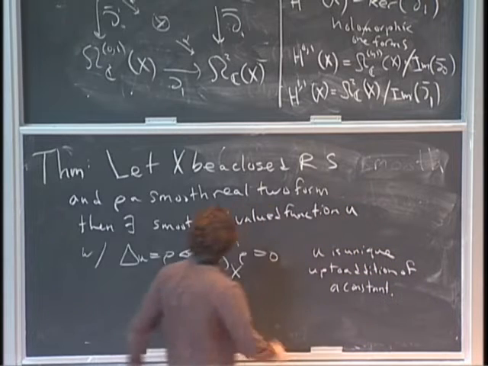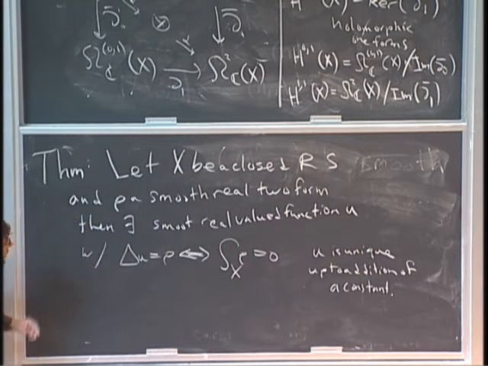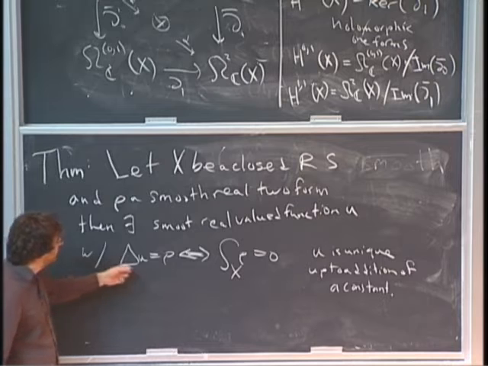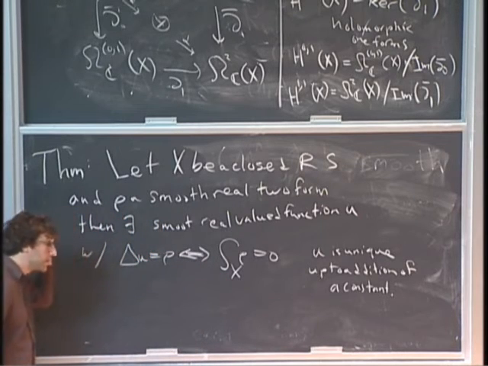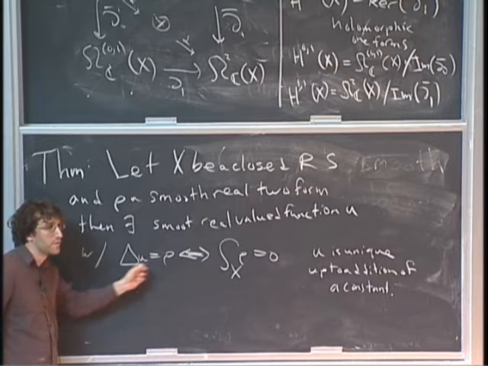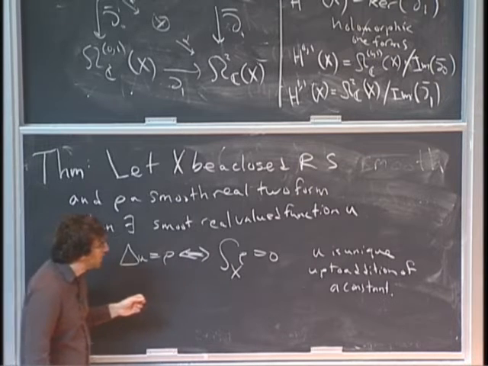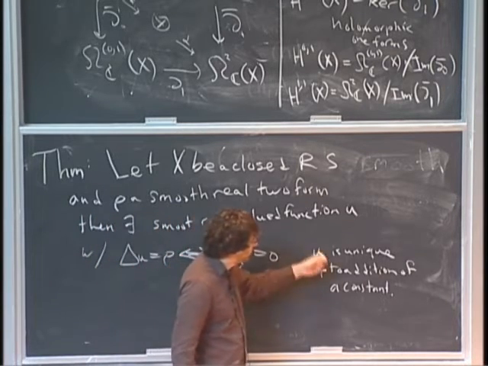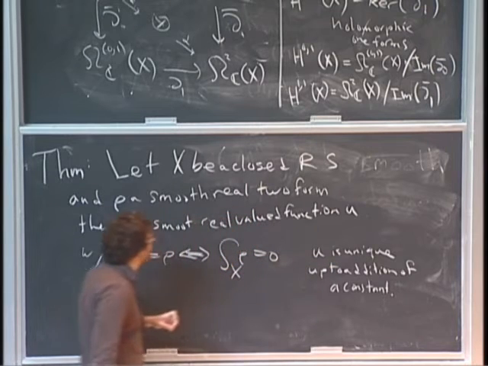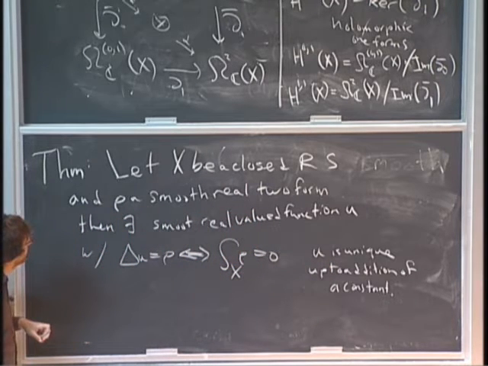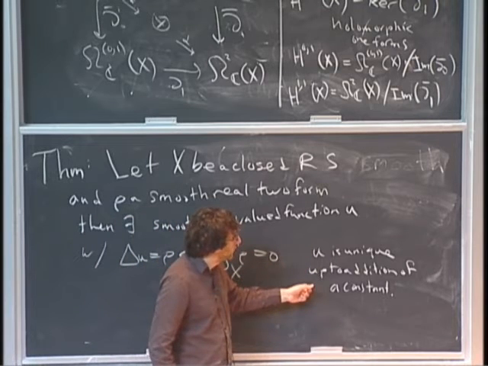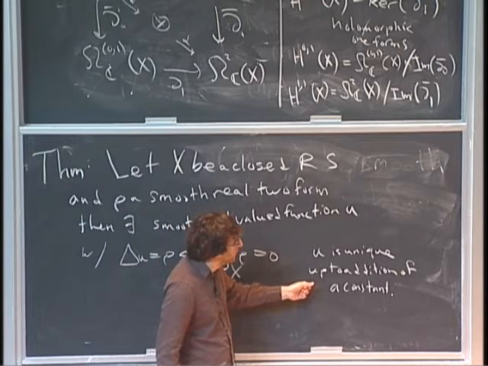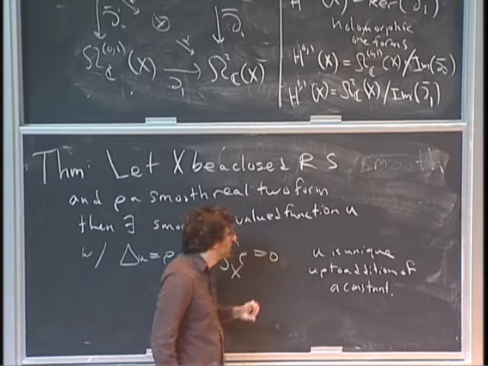Just to remark, which we'll discuss again later, the condition that the integral be 0 is clearly necessary by Stokes' theorem, so you should convince yourself of that. Similarly, the fact that U is unique up to addition of a constant is a relatively straightforward consequence of the fact that the only harmonic functions on a closed surface are constant.